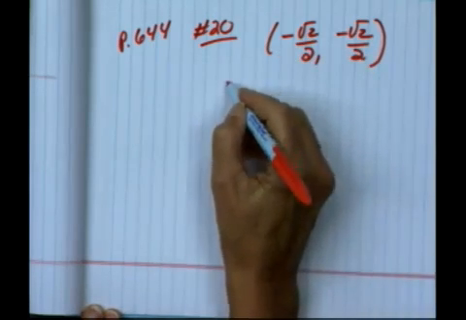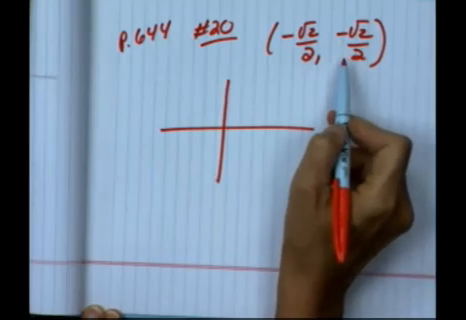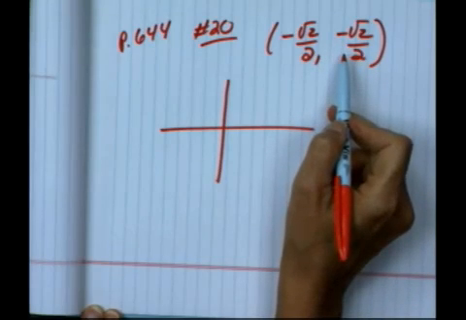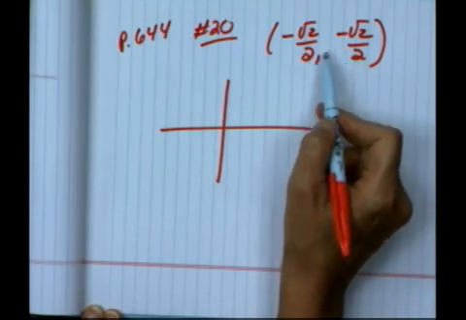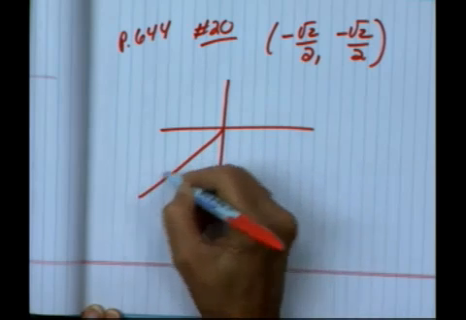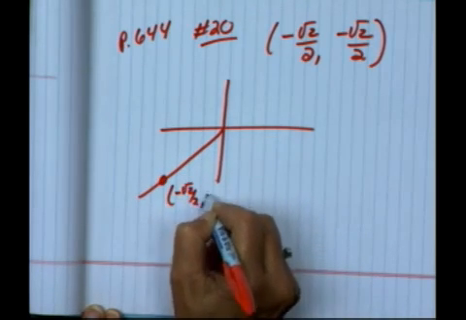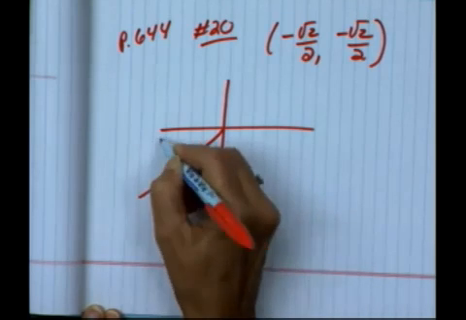All right, the terminal side passes through that point. Where's the terminal side going to be for these that passes through this point? Which quadrant? Quadrant 3. Okay, it's going to pass through the point -square root of 2 over 2, -square root of 2 over 2.